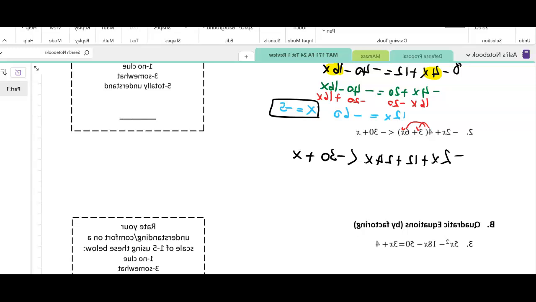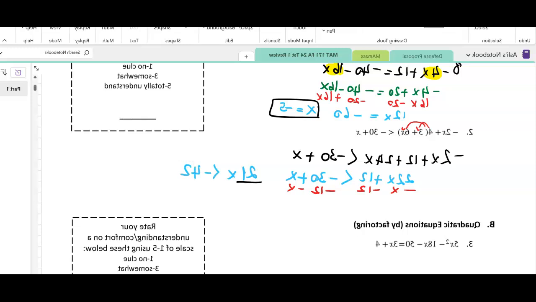Same principle, combine like terms, get the variables on one side and the constant on one side. So I'm going to combine like terms here. That will be 22x plus 12 minus 30 plus x. So that will be negative x, negative 12, negative 12. And then we're going to have 21x less than negative 42.